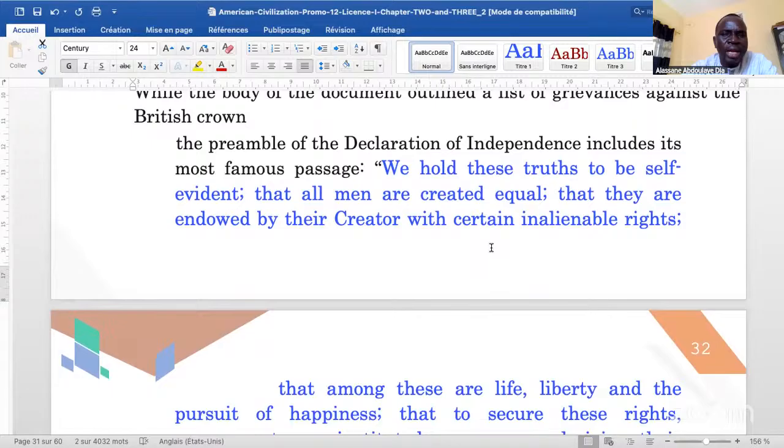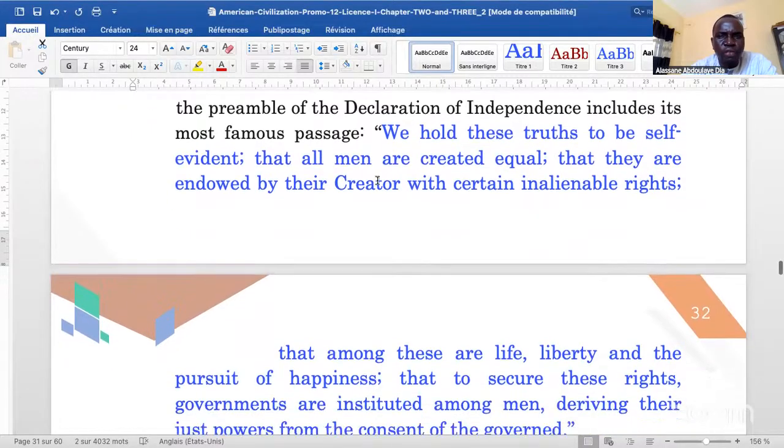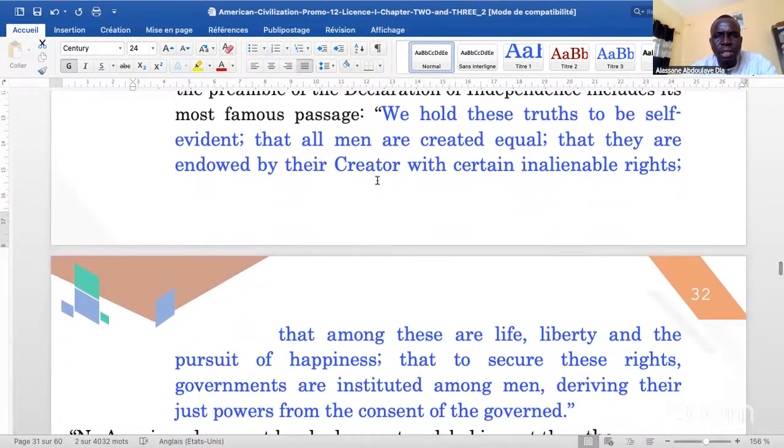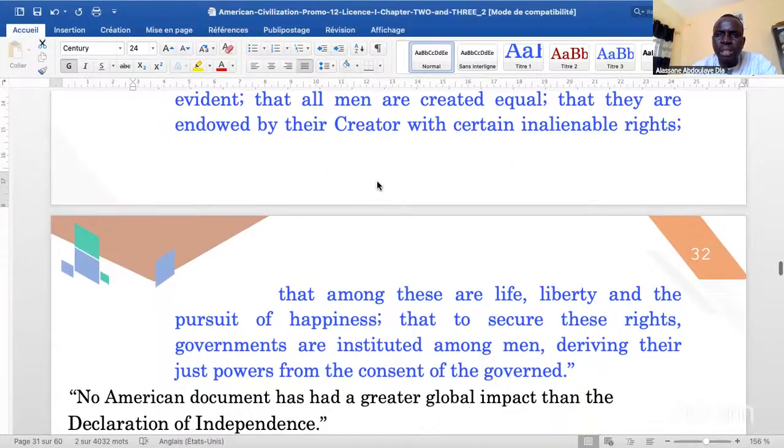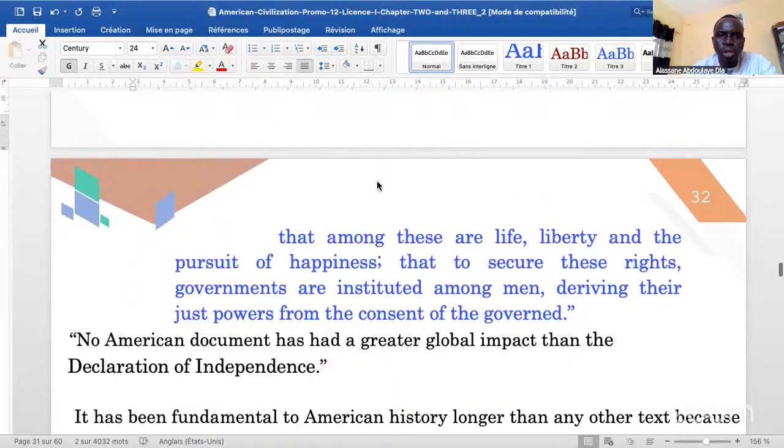The preamble of the Declaration of Independence includes a famous passage. It says, "We hold this truth to be self-evident that all men are created equal, that they are endowed by their Creator with certain inalienable rights. Among these are life, liberty, and the pursuit of happiness.